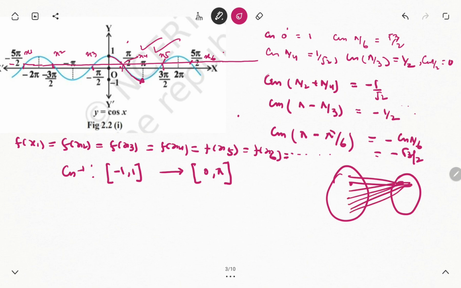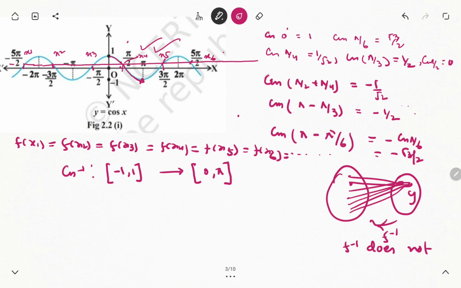This is many to 1, and that's why we are not able to define the inverse. F inverse does not exist here. That's why we restrict the domain of the cos function, and then only we can define the inverse function.